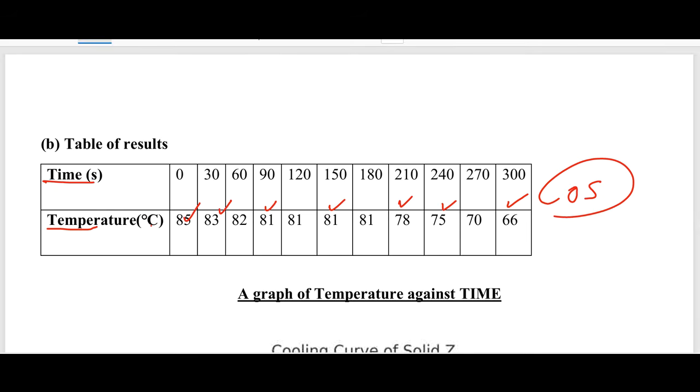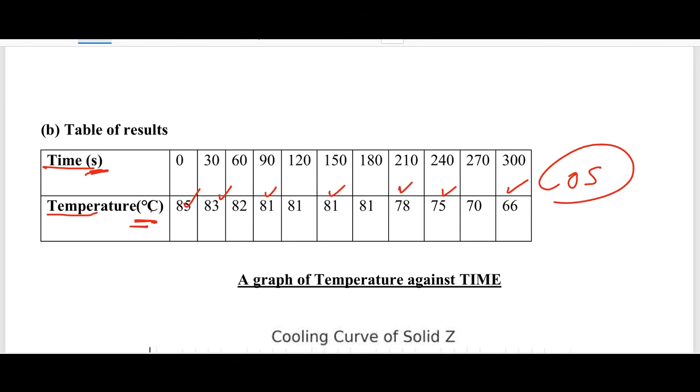But you get these scores if you have put the right units, here and here. So make sure the units you are using are clear and are the ones you're supposed to be using. Then after that, we can draw the graph. So that is data recording.